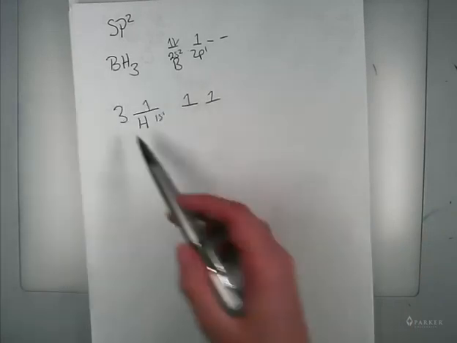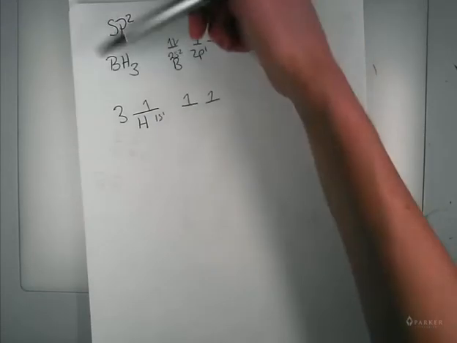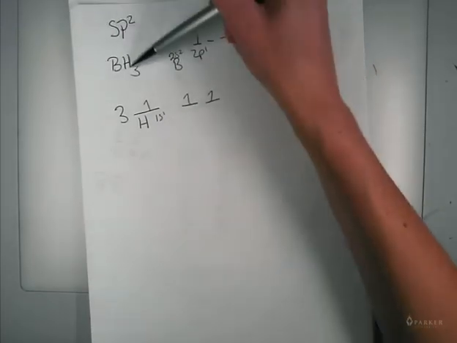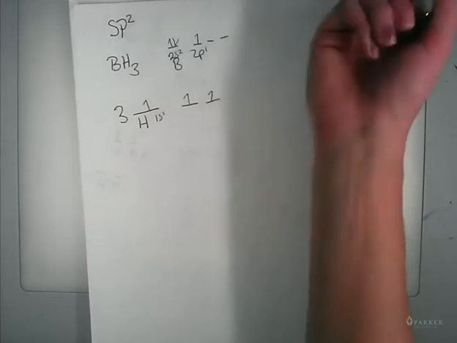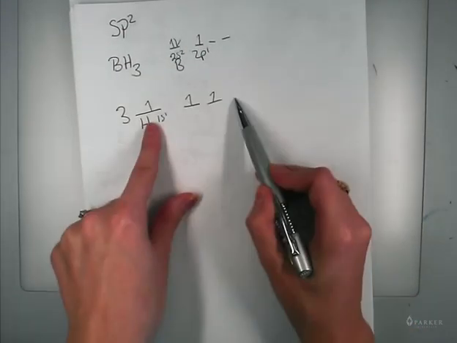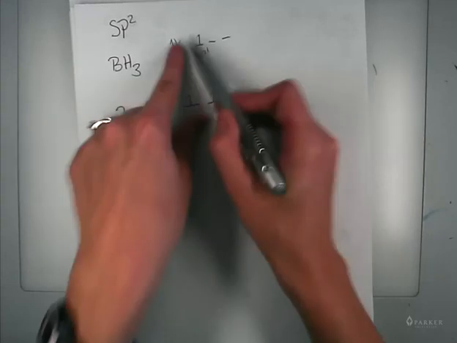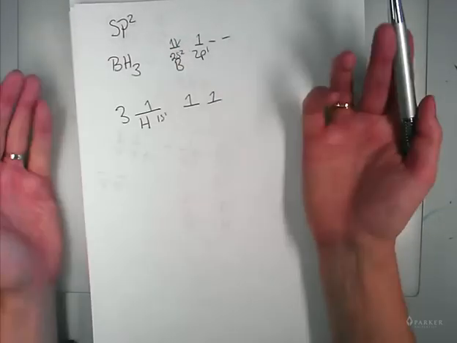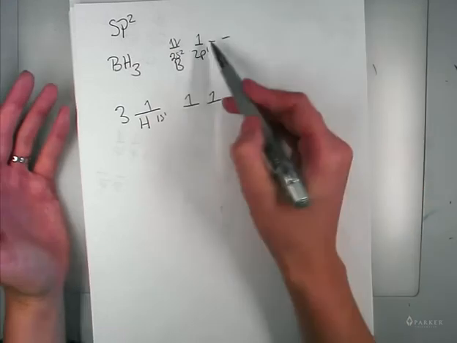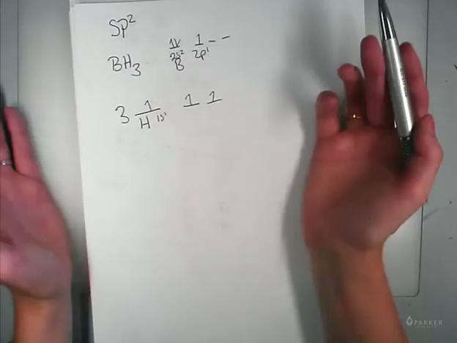If I want to bond boron with 3 hydrogens, how many unpaired arrows do I need on boron? 3 also. I have 3 hydrogens with unpaired arrows, so I need 3 unpaired arrows here, ideally. But how many unpaired do I have? Just the 1 right there, so that's not good.